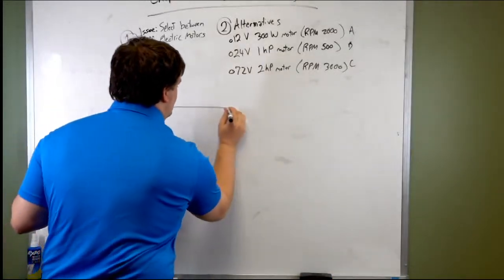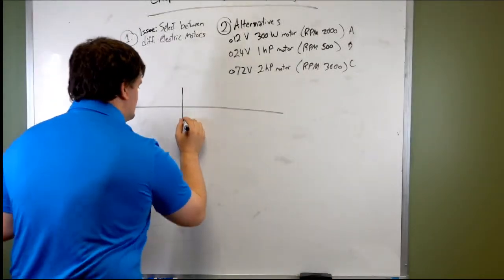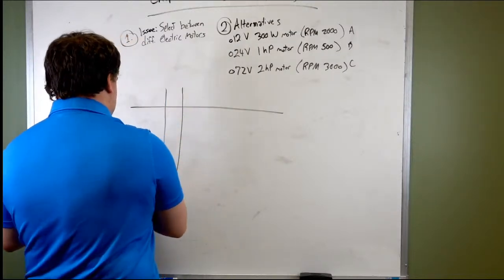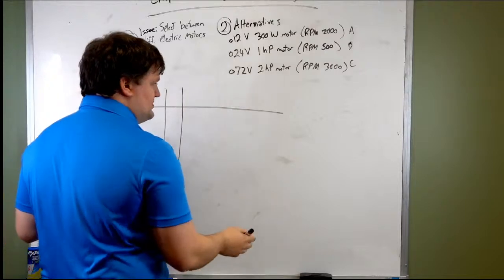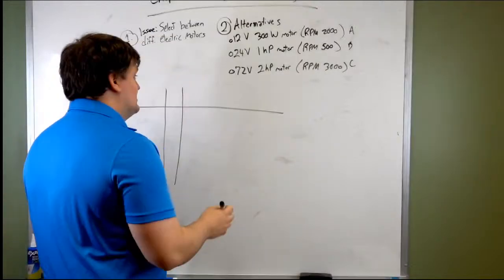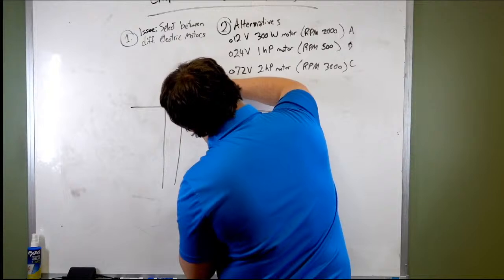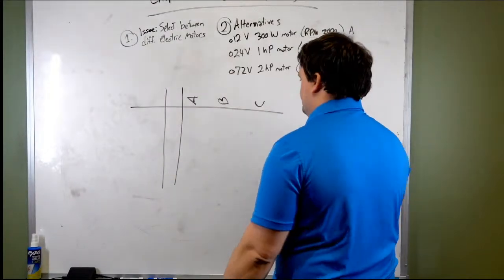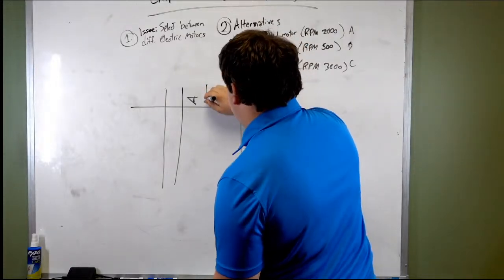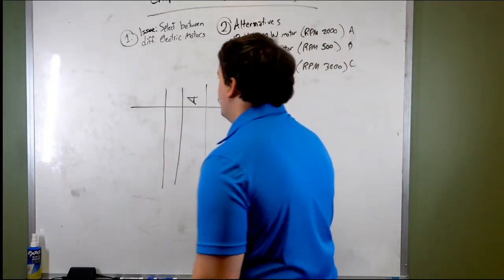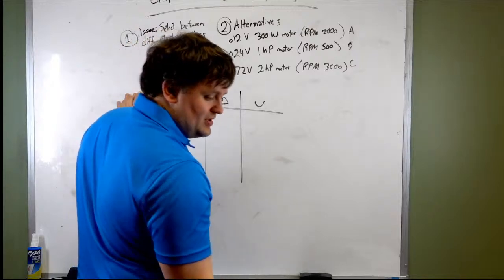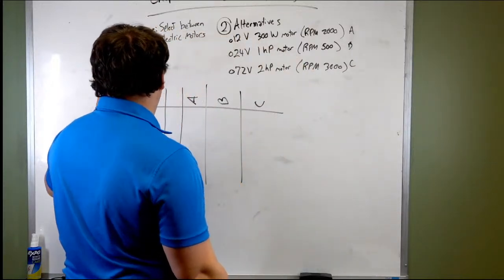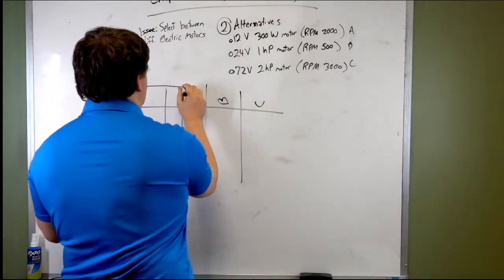So for my table, I've got this, and this, and this. Now I've got motor A, B, and C. Just going to go ahead and draw those up there. I've got my issue, which you're supposed to write up above here.